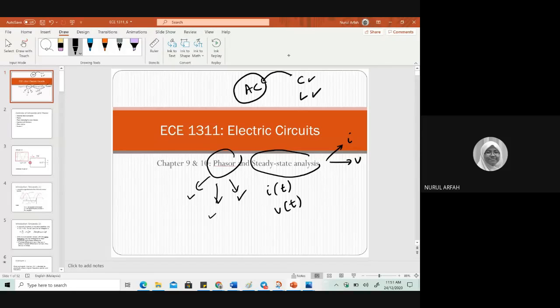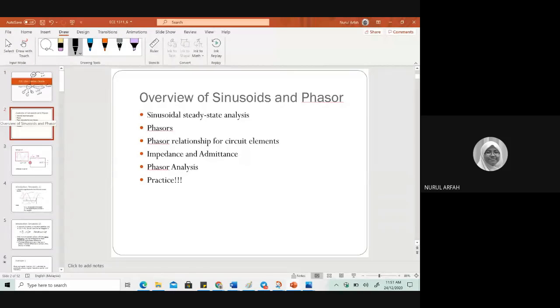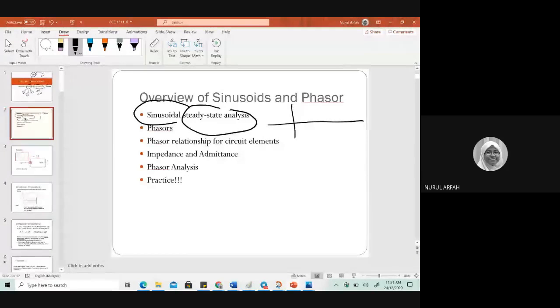And to solve a question in AC form, you need the phasor. Steady state analysis always has something sinusoidal, because it depends on time. Sometimes this is a current or voltage signal, and it can be represented in this form, which I will explain later.